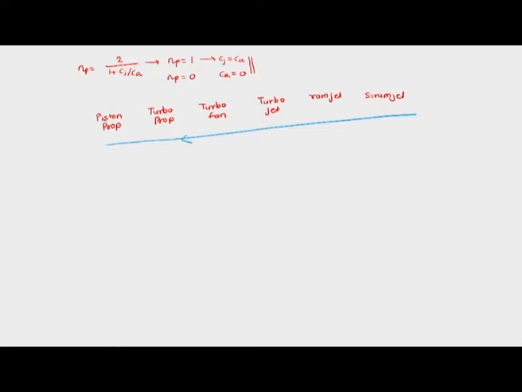Propulsive efficiency increases in this direction. The lowest propulsive efficiency is for scramjet, then ramjet and turbojet, and turbofan, turboprop and piston prop have increasing propulsive efficiencies.